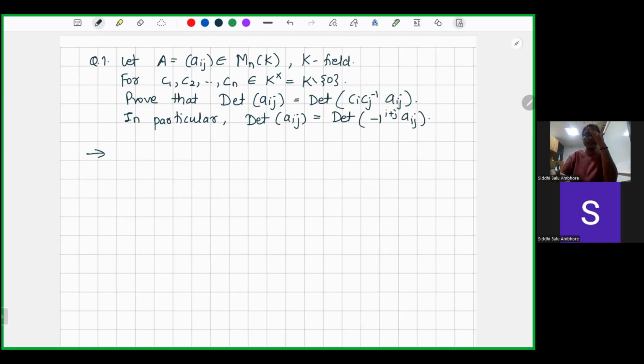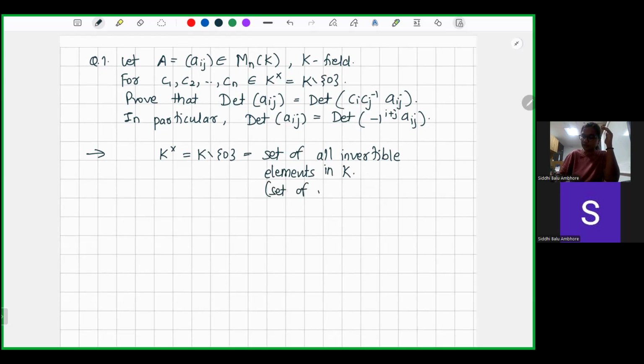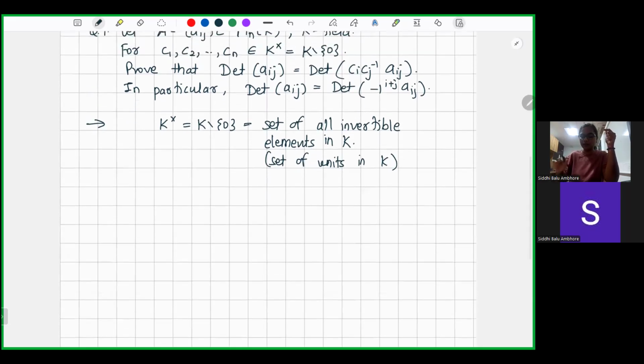So what I was saying is that this K is a field. So this K star, that is K minus 0, is the set of all invertible elements in K. This is also known as the set of all units in K. Since K is a field, every non-zero element in K is invertible.